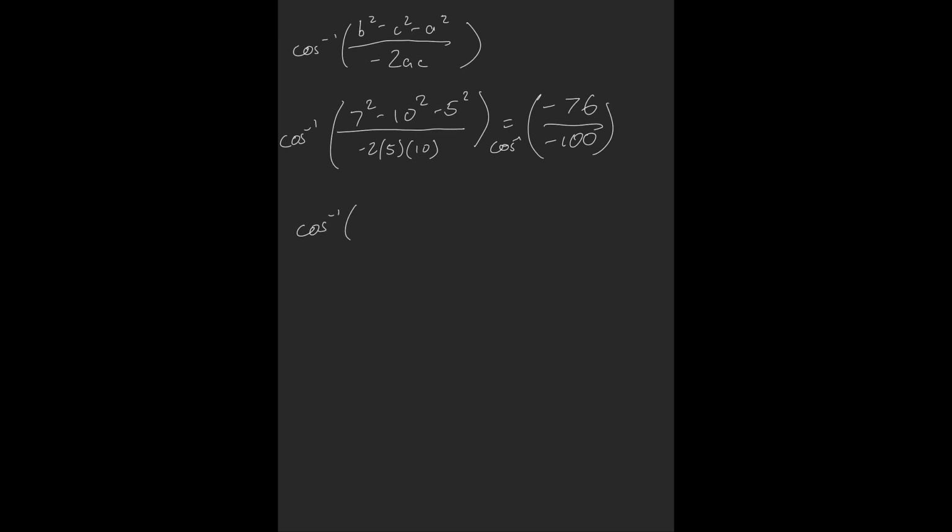So now let's take the arc cos of 0.76, because that's what this evaluates out to be. Plugging this into our calculator, it spits out 40.5 degrees, which is just B.